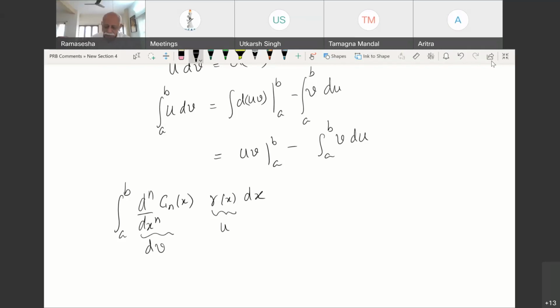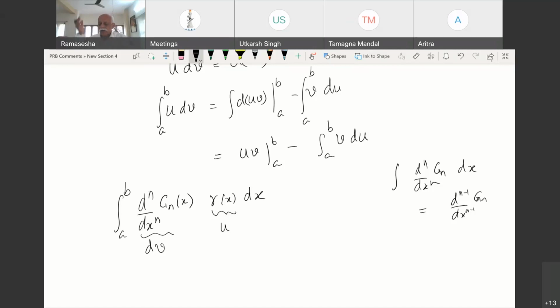So if I integrate d^n by dx to the power n of some function g_n, the integral of it is d^(n-1) upon dx^(n-1) of g_n, right?